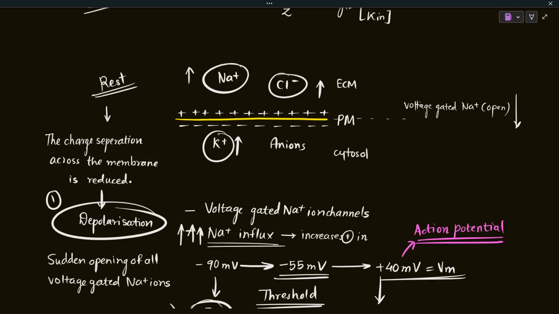And the concentration gradient of potassium ions is high on the inside. So as there are more potassium ions inside, some potassium ions will leak through the membrane.